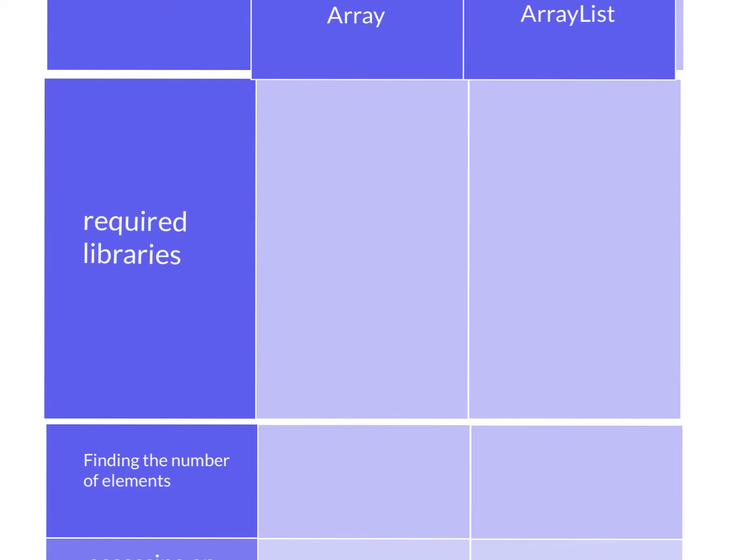First, we're going to start with required libraries. In order to use an array, you don't actually require any libraries, so none are required. However, you may find it useful to import java.util.Arrays.